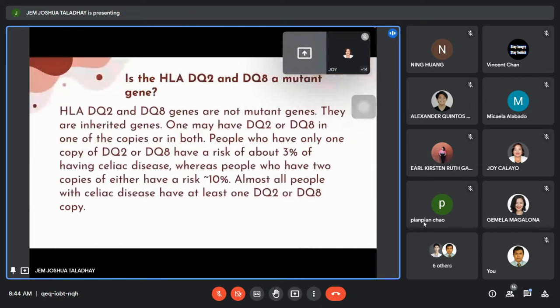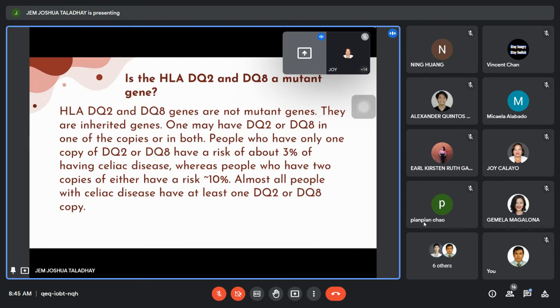So next question, are the HLA DQ2 and DQ8 mutant genes? According to what I read, HLA DQ2 and DQ8 genes are not mutant genes. They are inherited genes, and one may have DQ2 or DQ8 in one of the copies or in both.